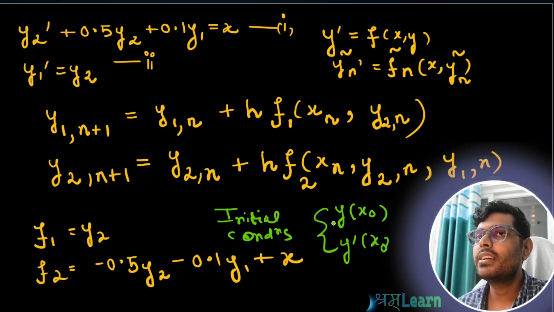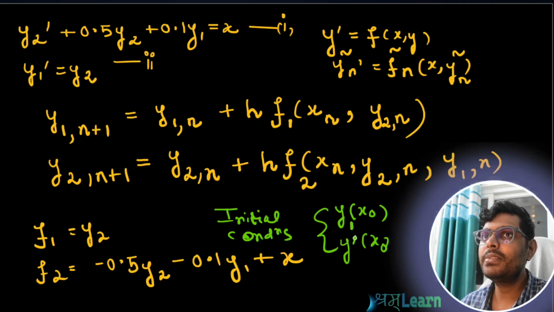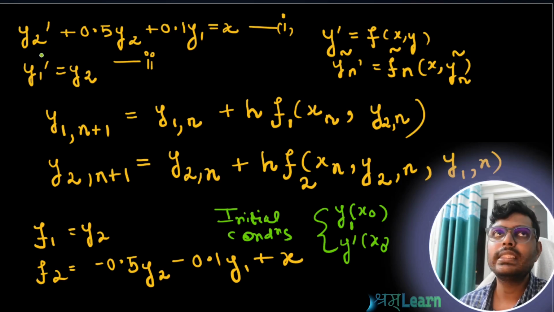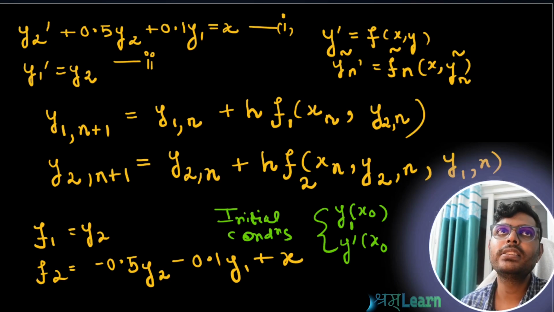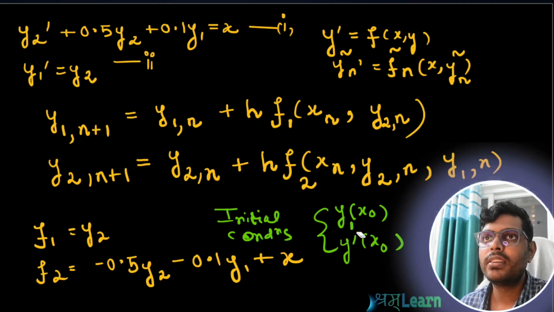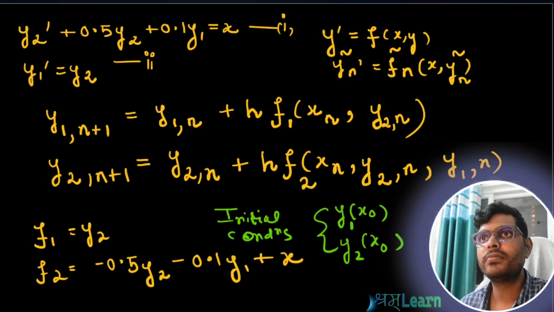In our modified way of writing, this is nothing but y1 x naught, and y dash x naught is nothing but y2 x naught. okay, ठीक है, these are given, that's why in the green they are.